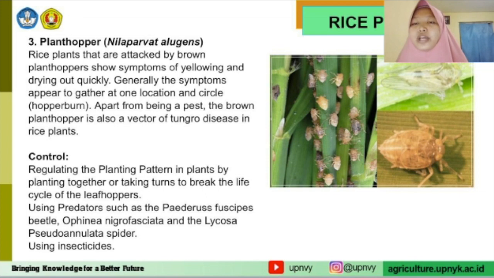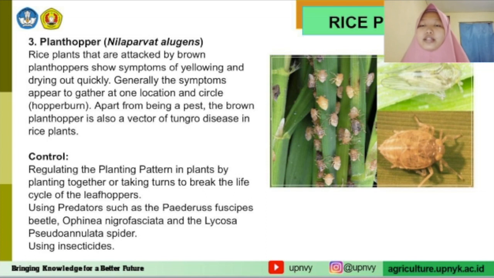The third, brown plant hopper or Nilaparvata lugens. Rice plants that are attacked by brown plant hopper show symptoms of yellowing and drying out quickly. Generally the symptoms appear together at one location in a circle, or hopperburn. Apart from being a pest, the brown plant hopper is also a vector of fungal disease in the rice plant.